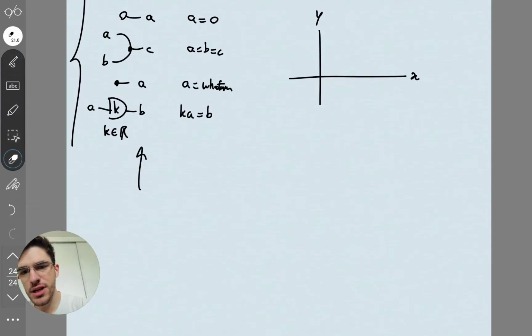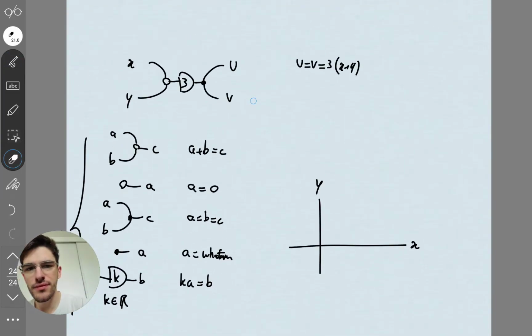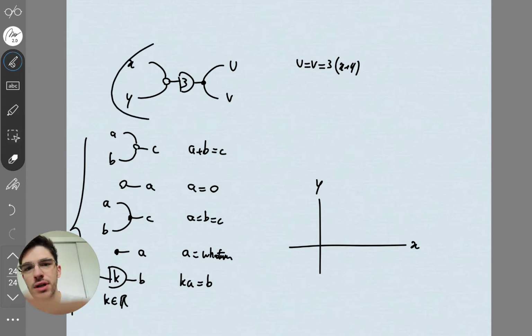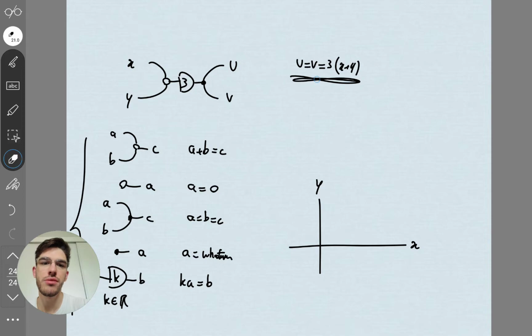Okay, so imagine I have a drawing, for example, this one. Imagine I have a drawing, an equation made from these building blocks. Why can I see this as a set of points, a set of values? Well, this tells me a particular relationship between x, y, u, and v. In fact, this is the relationship.